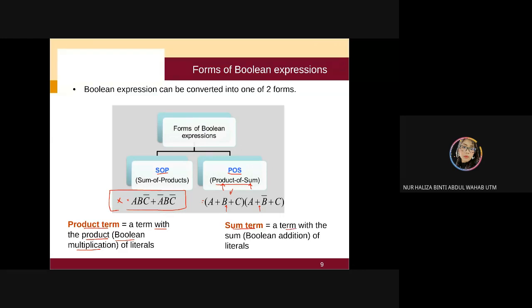A sum term is a term with a sum, where you have all the terms and you sum them together. Then you multiply with another sum term, and another sum term, and so on. This form will be your POS. Can you see the difference between POS and SOP?